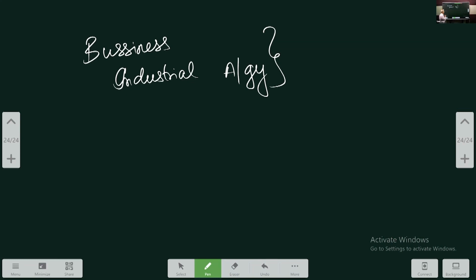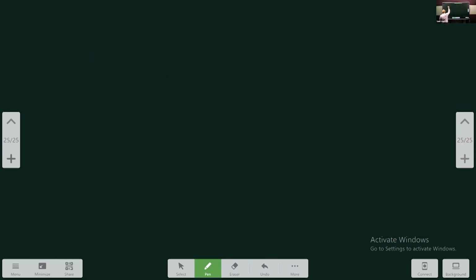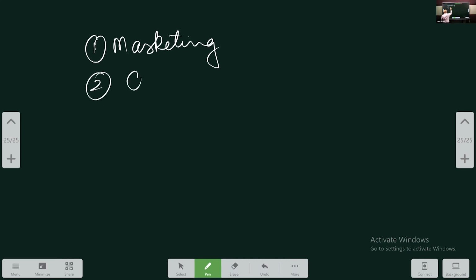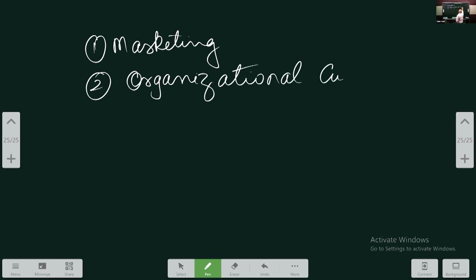In businesses and industries, where do we use anthropology? We use anthropology primarily in 4 areas: marketing, then improving the organizational culture, and product development.